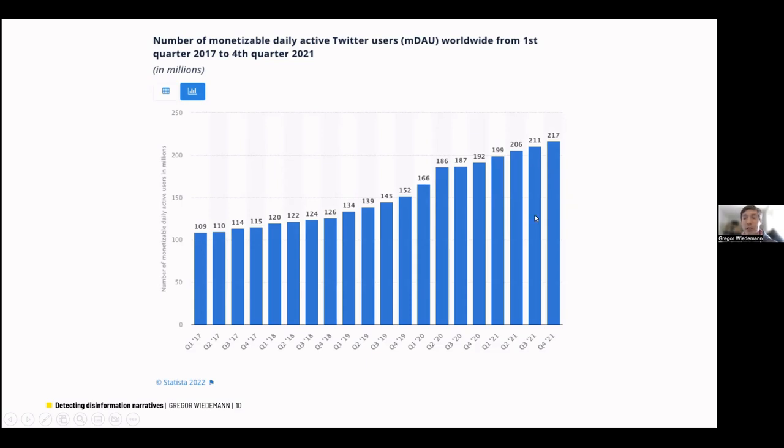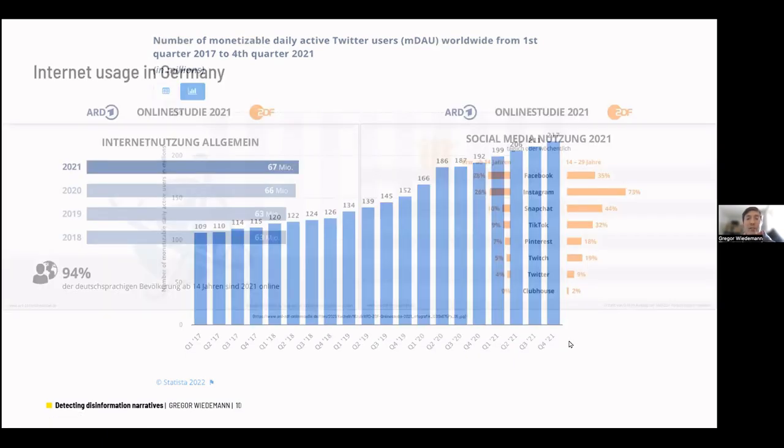So we can assume that there are lots of very active users on the platform, and the bot problem isn't as big as it might have appeared in the past or in these official discussions.